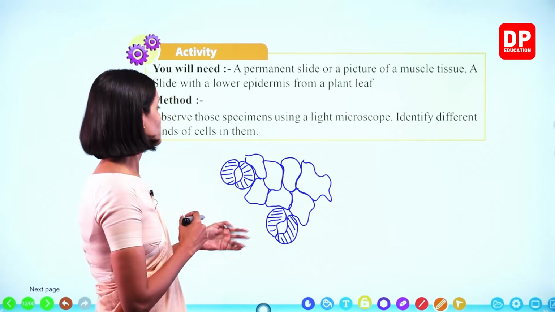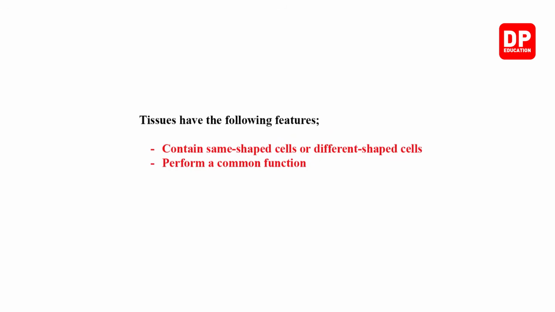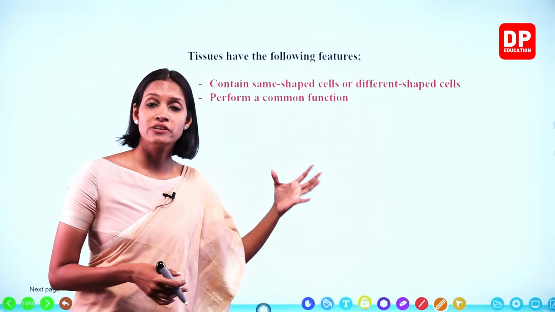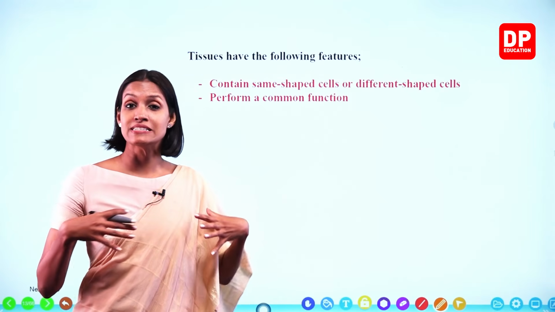Right, children? Okay. So tissues have the following features. We already know that tissues are made by combining different types of cells, the same type or different types. They contain same shaped cells or different shaped cells. In the upper grades, you are going to learn about this muscle tissue.